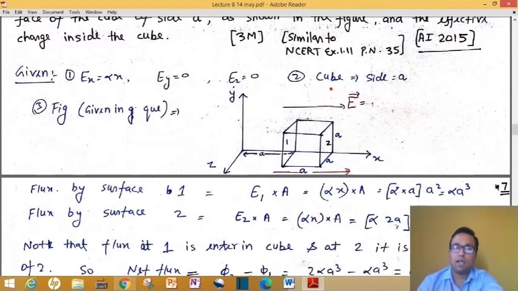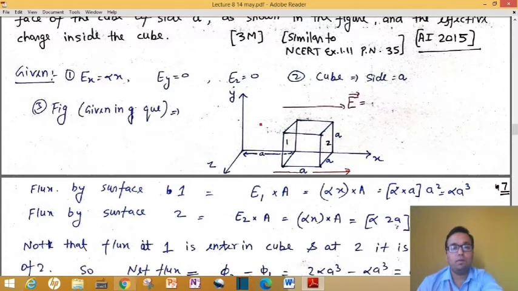Basically see, the electric field is given as per this arrow. Okay, towards the x-axis this radiation is coming out. Just think these radiations are nothing but a laser light. Okay, laser light is going in the x direction. So you have to tell how much light this cube will absorb, or how much light this cube will emit.